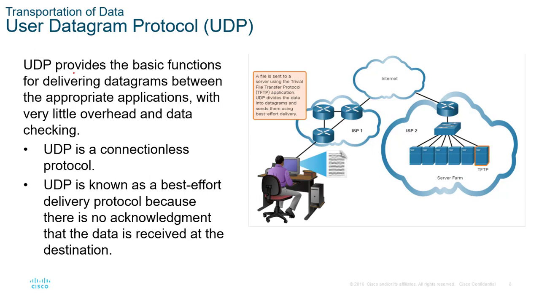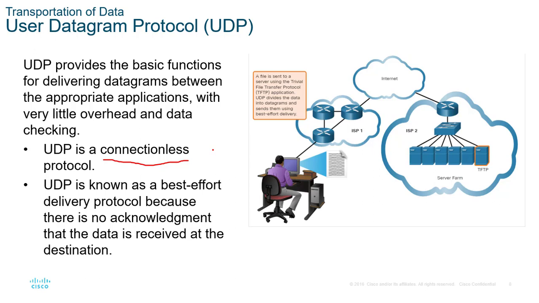the transport layer. UDP provides the basic functions for delivering datagrams or segments between the appropriate applications with very little overhead and data checking. UDP is considered a connectionless protocol.